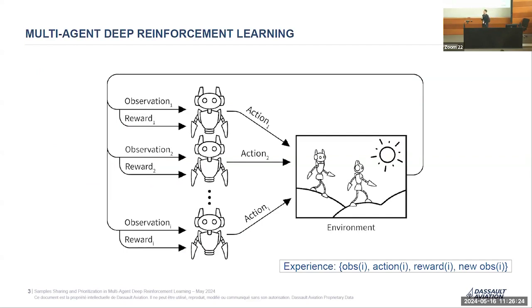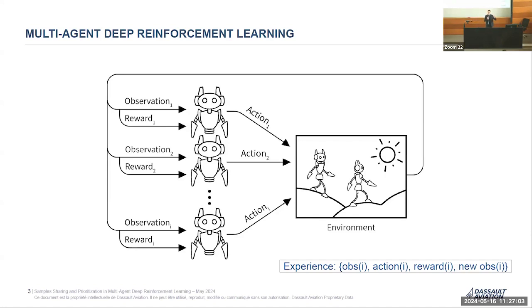So the multi-agent reinforcement learning framework is built on Markov decision processes. In the Markov decision process, we have a certain number of agents interacting with an environment. The agents are in a certain state. They have some observations coming from the environment. Then they all take an action, and the concatenation of all actions makes the environment transition from one state to a new state.